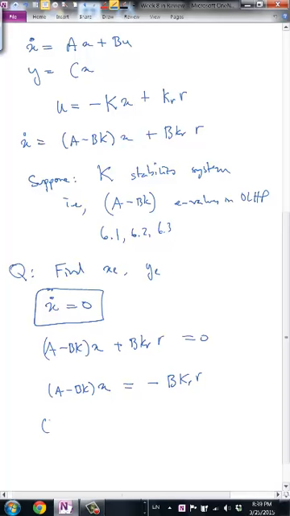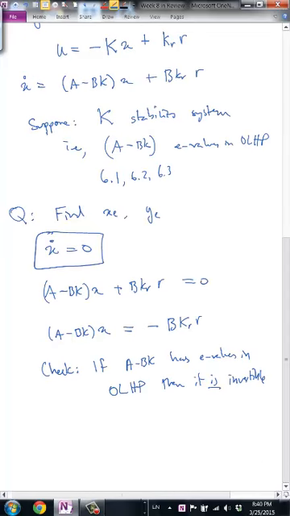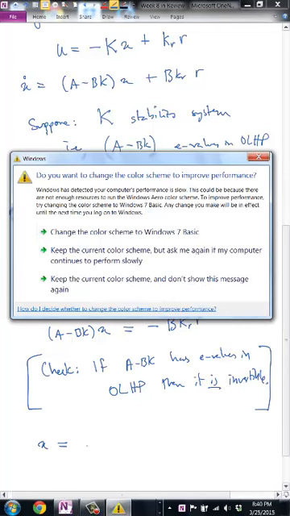You can check for yourselves that if A minus BK has eigenvalues strictly in the open left half plane, then it must be invertible. So think about that and see if you can answer why that's true, but it always is the case. Therefore we can solve for x, and note again that the order of multiplication is extremely important, because generally matrix multiplication does not commute.